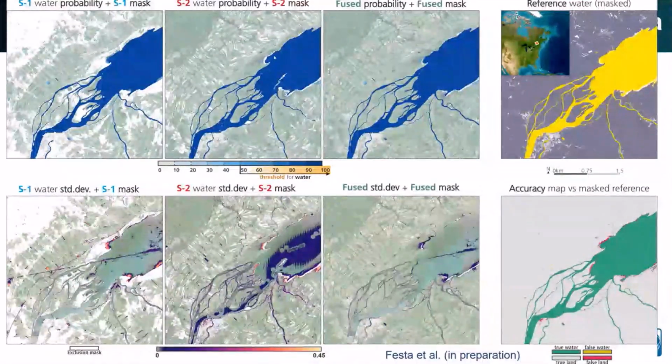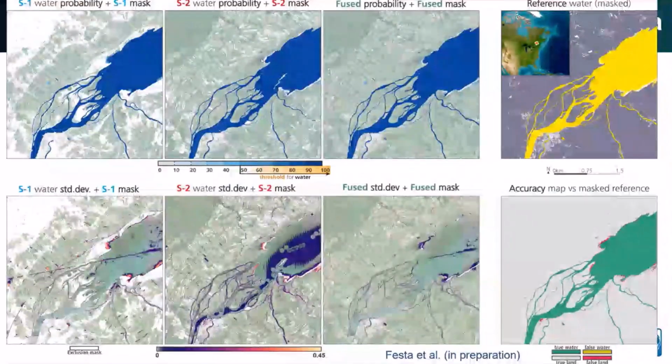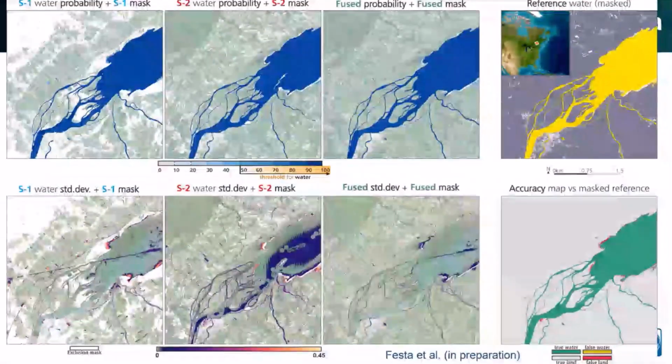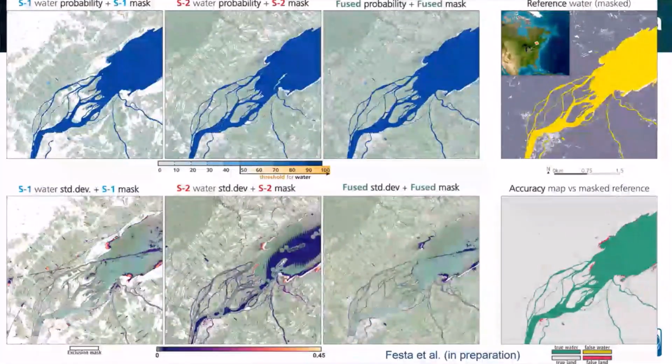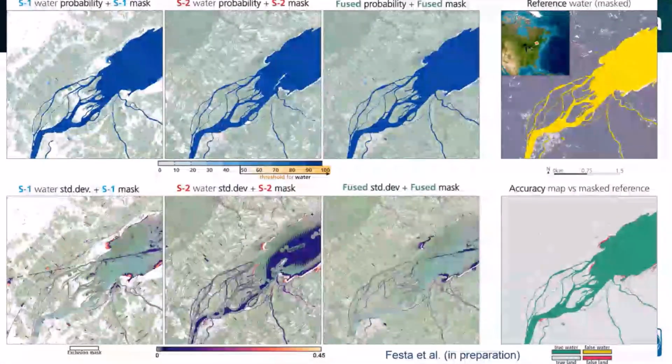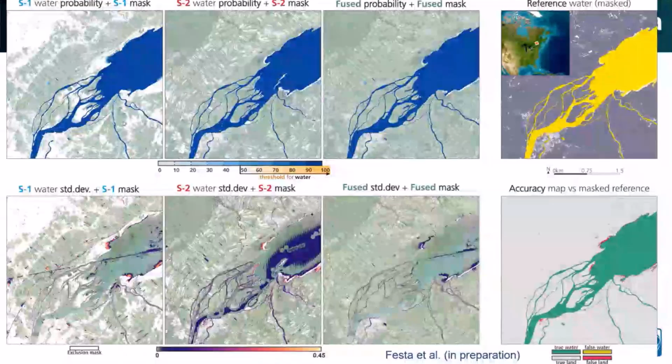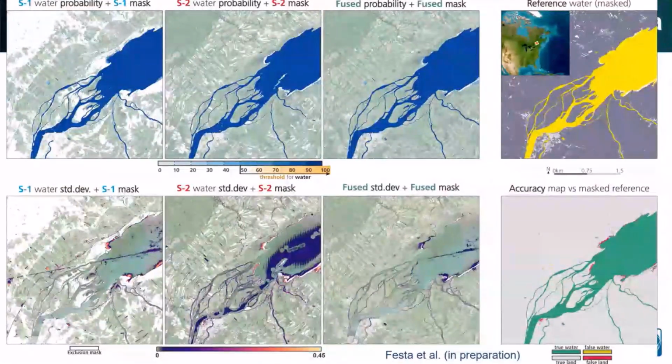On the other hand, it's interesting here in the part of that coastline that Sentinel-2 is masked, most likely due to high vegetation, while we still have some capability from Sentinel-1 to map it. The uncertainty here in those areas from Sentinel-1 is also higher, but we still do have an estimate.